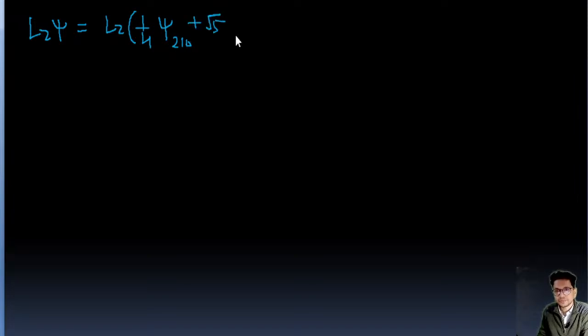Okay, now we'll check it for LZ. So we will find LZ psi, equal to LZ into 1 by 4 of psi 210 plus root 5 psi 21 minus 1 plus root 10 psi 211.